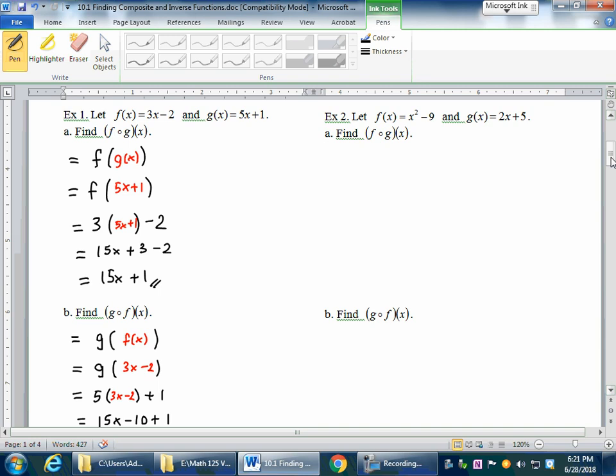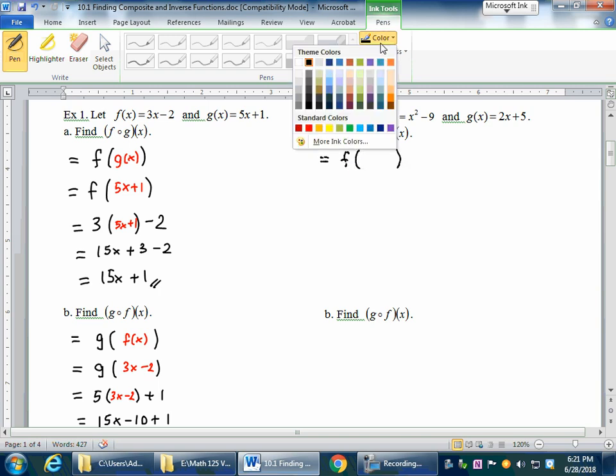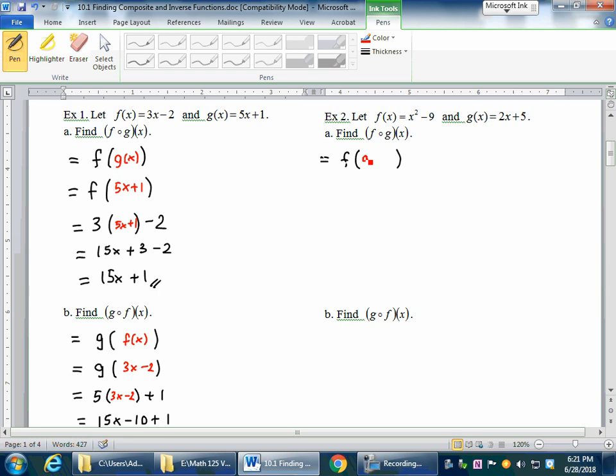So first question, example 2, is f compose g of x. So let's check on this one. f compose g of x means the f function, and my input function will be g of x.